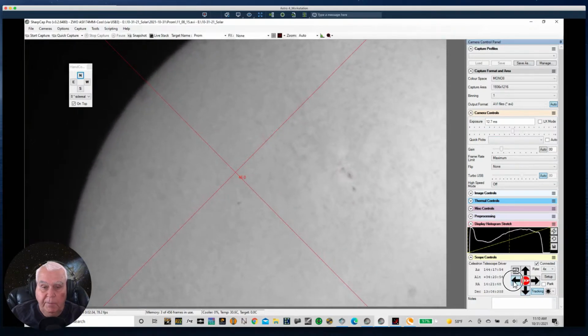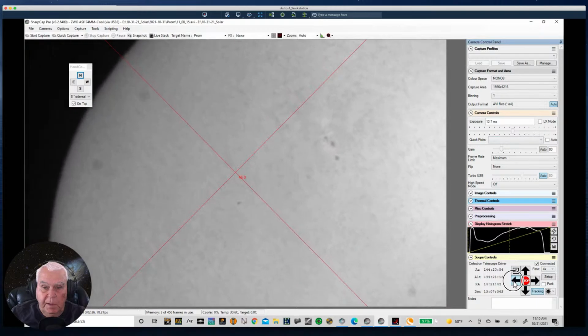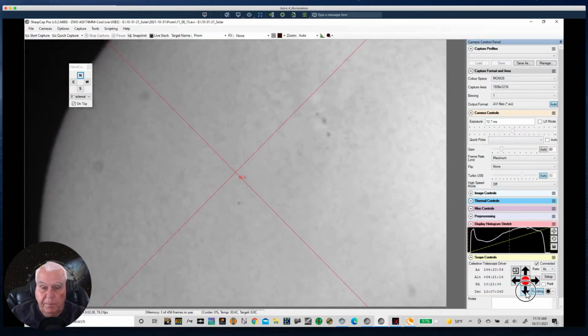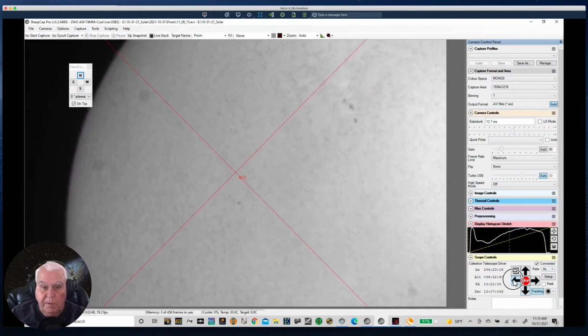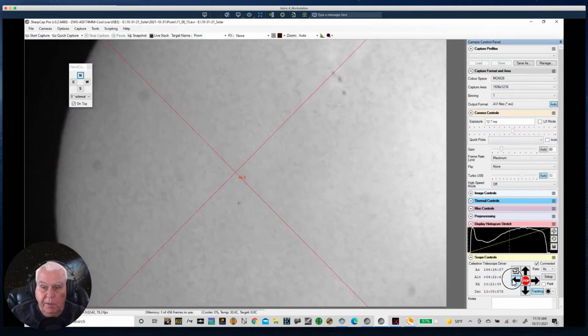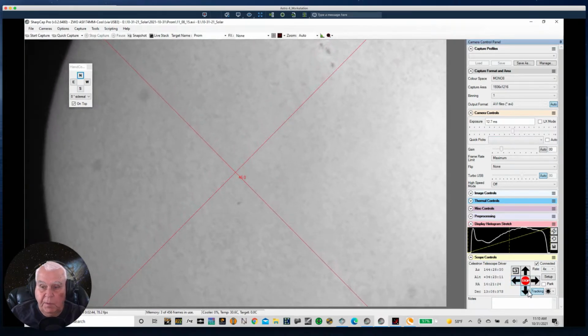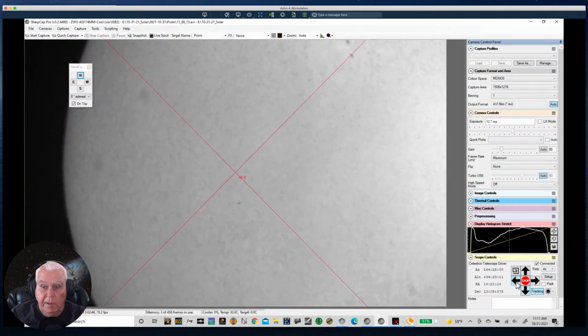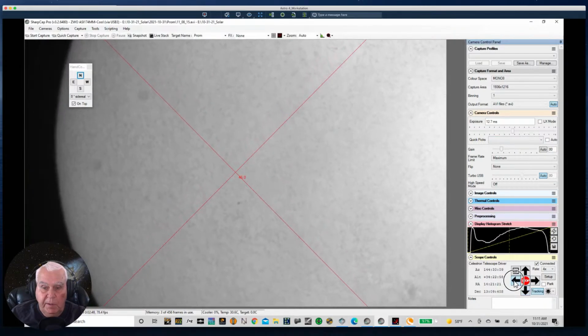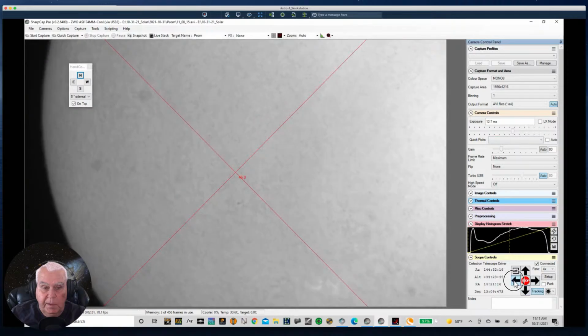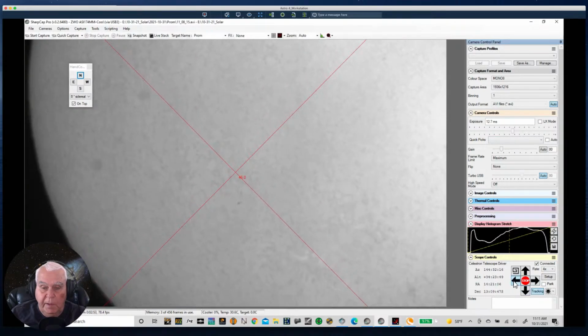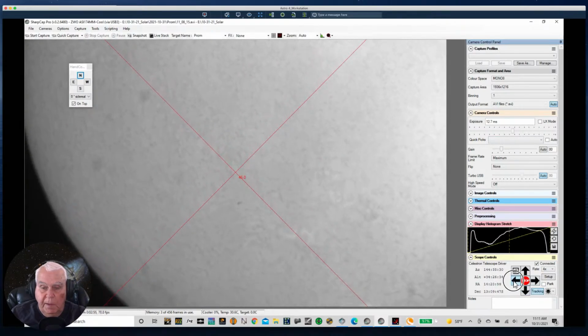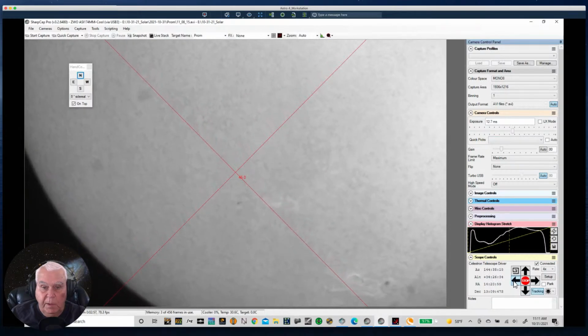You're looking at a live view of the sun, and a few spots. But down here on the right side of the sun, we're getting there in a minute, is a lot of activity, and here we go.